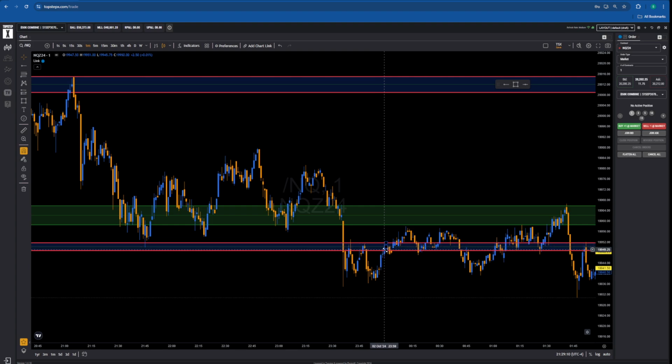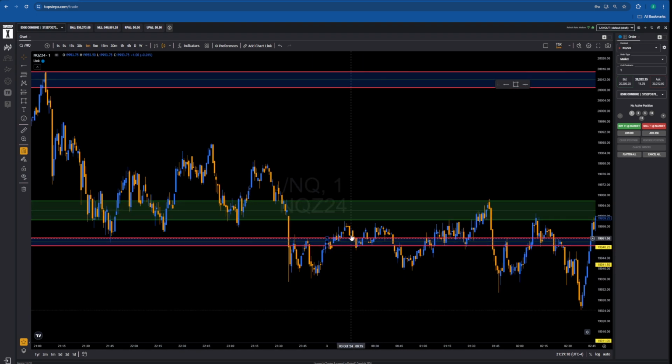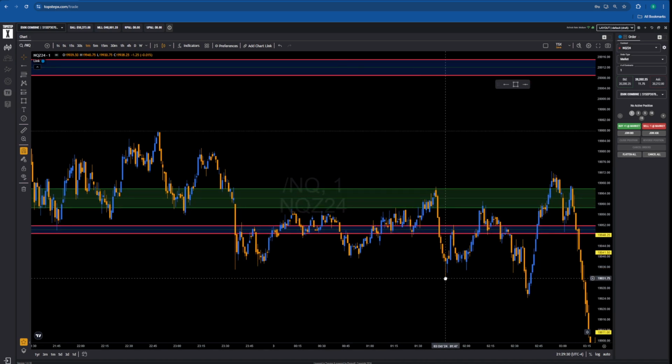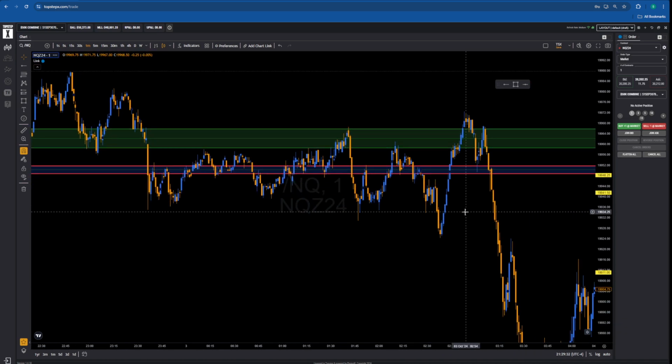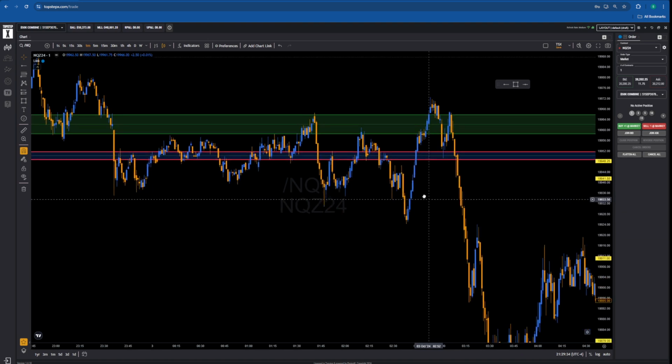So you should mark the high and low of the midnight candle and observe its past reactions. So as I have marked here, the blue area is the midnight open. Keep these on the chart and see how the market is behaving around these.